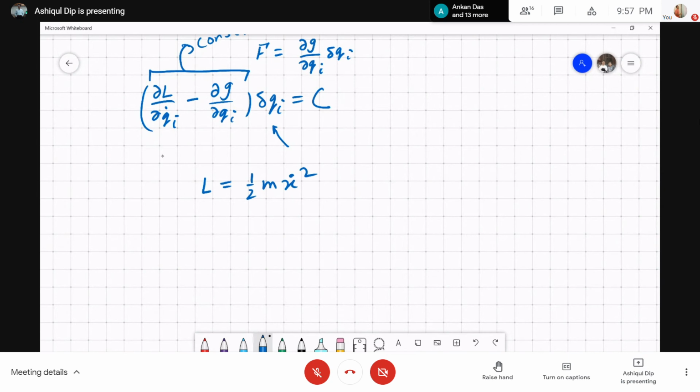So let's change our coordinate. The new coordinate x prime equals the old coordinate plus an infinitesimal quantity a. That means our variation of x equals a, right?